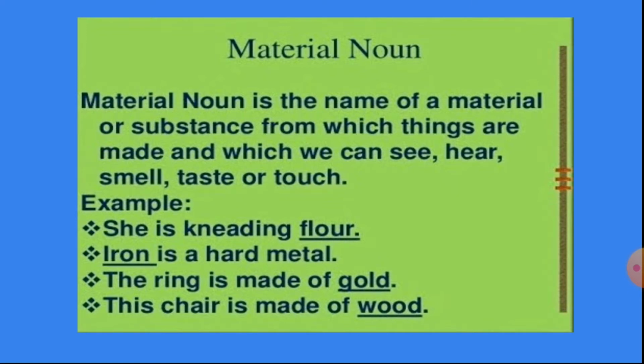Material noun is the name of a material or substance from which things are made and which we can see, hear, smell, taste or touch. Okay, now when we come to the material noun, we can see them, we can hear, we can smell, we can taste or we can touch them also.